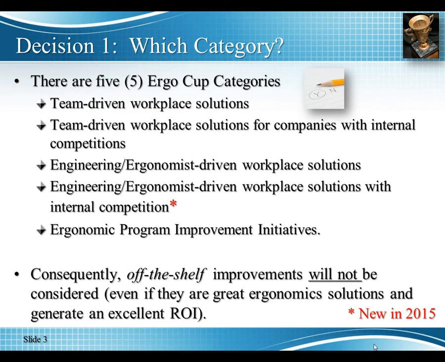The second one is the team-driven workplace solutions for companies with internal competition. The third one is engineering ergonomics-driven workplace solutions. The fourth one is engineering ergonomic-driven workplace solutions with internal competition, and this is the new one in 2015. And lastly, the Ergonomic Program Improvement Initiative.